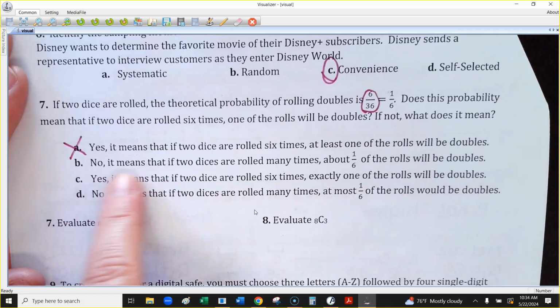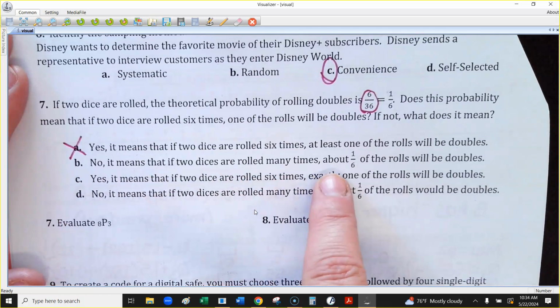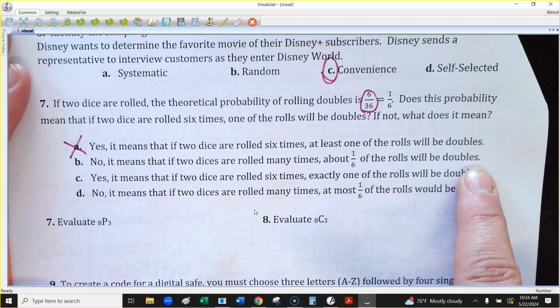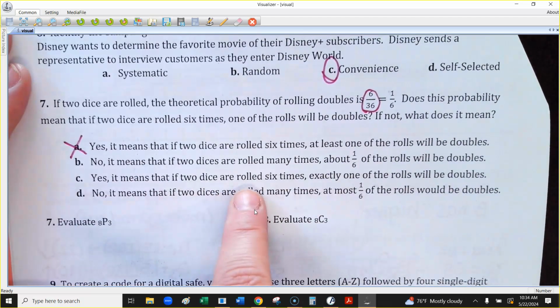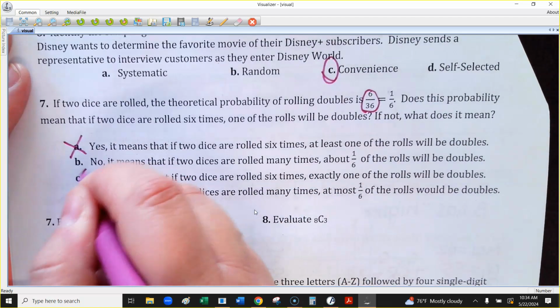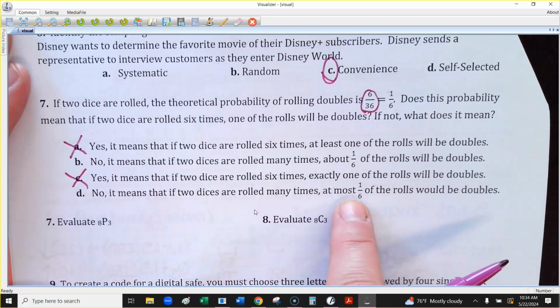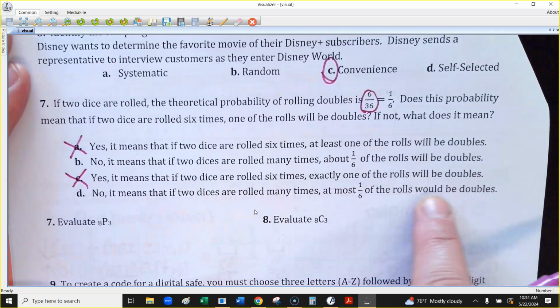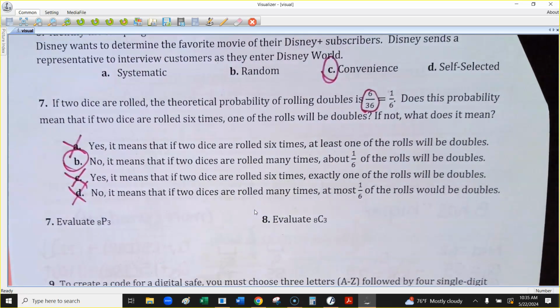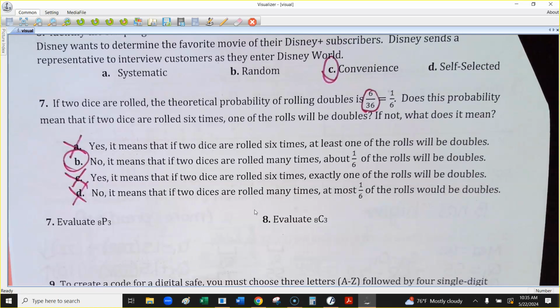No, it means that if 2 dice are rolled many times, about 1/6 of the rolls would be doubles. I'm going to hold off on that. Yes, it means if 2 dice are rolled 6 times, exactly one of the rolls would be doubles. No way. No, it means if 2 dice are rolled many times, at most 1/6 of the rolls would be doubles. It's got to be this one. If we would do it many, many times over, that's about what we would expect, but it doesn't ensure anything if you actually did a trial.